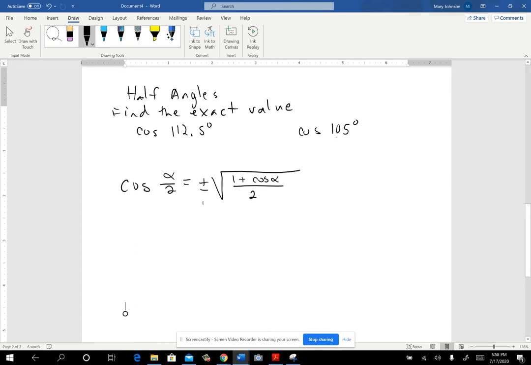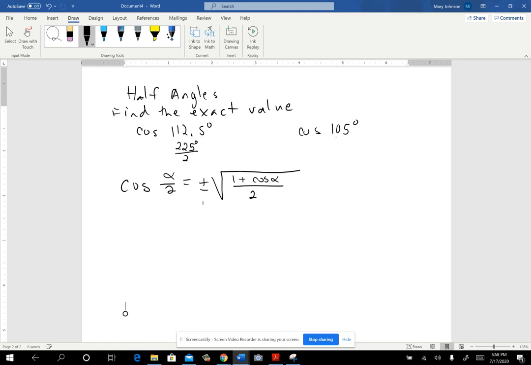All right, so if we're trying to do the cosine of 112.5 degrees, I can't really split that into special angles. Since I'm using the half angle formula, maybe what I could do is think about twice that angle for a second. Do you see how if I doubled 112.5, it would be 225 degrees?